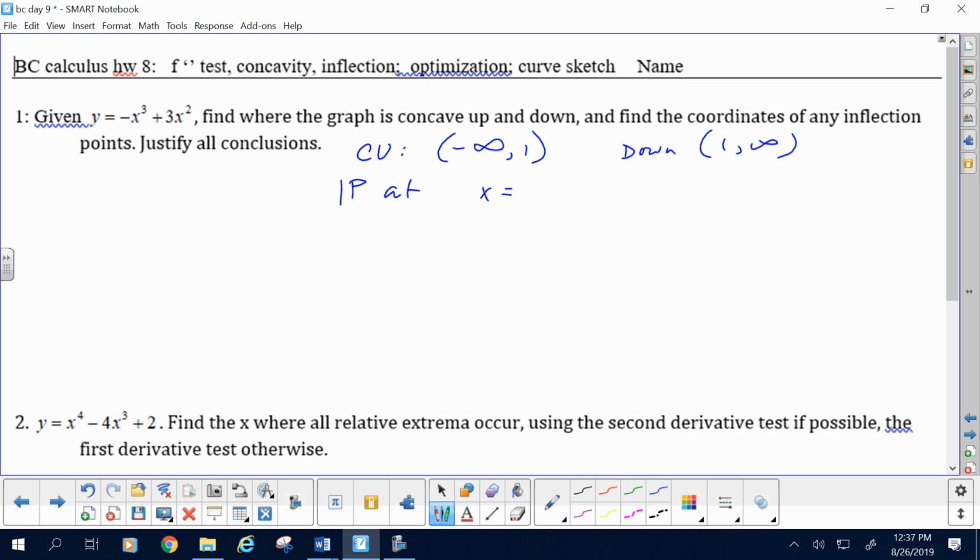Actually, it said coordinates: (1, 2). Justify why: because y double prime changes sign at that point. Okay.